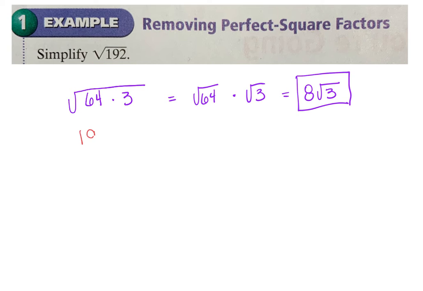So if I have 192, then I want to look for the smallest prime number that goes into 192. Now remember, prime numbers are numbers that can only be divided by themselves and 1. So the smallest prime number that I think of when I look at 192 is actually the number 2.